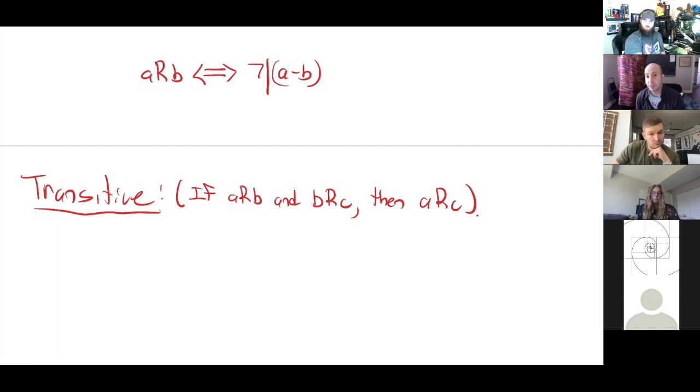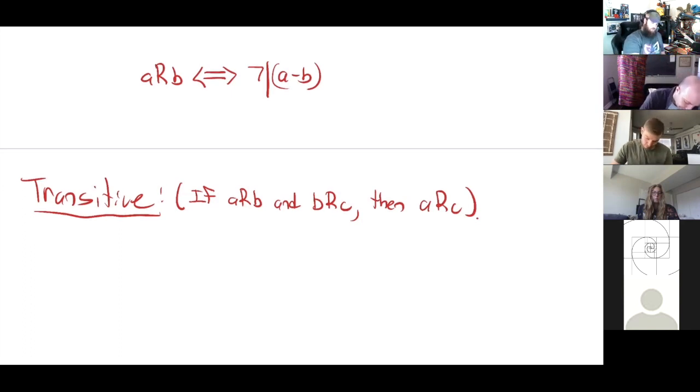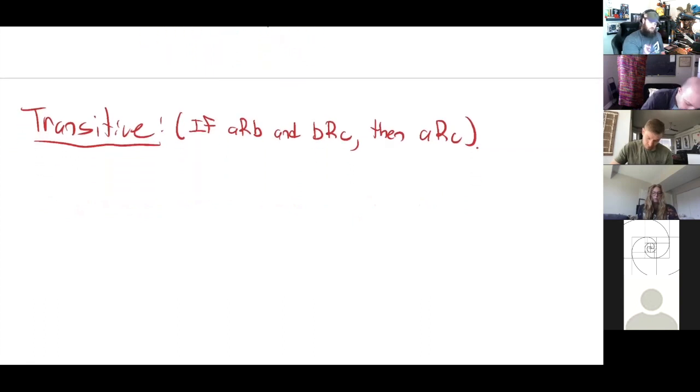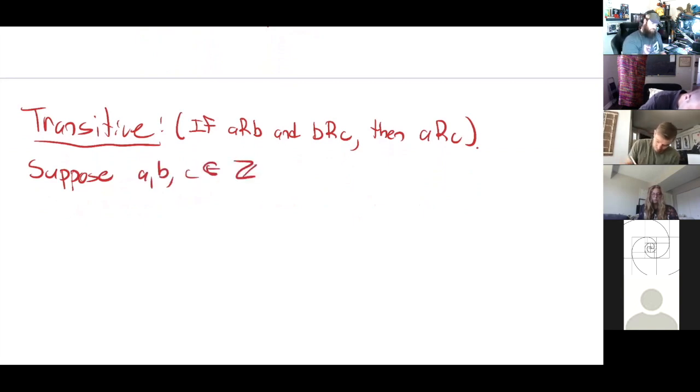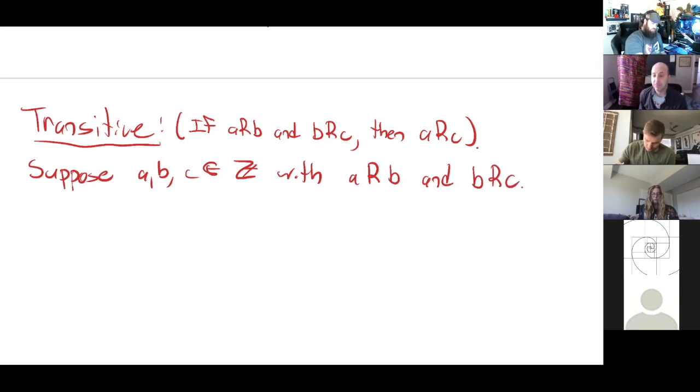And this mod relation, again, we could equivalently say A is related to B if and only if 7 divides their difference. So here, let's suppose we've got 3 integers, A, B, and C. And we're going to assume A is related to B and B is related to C.